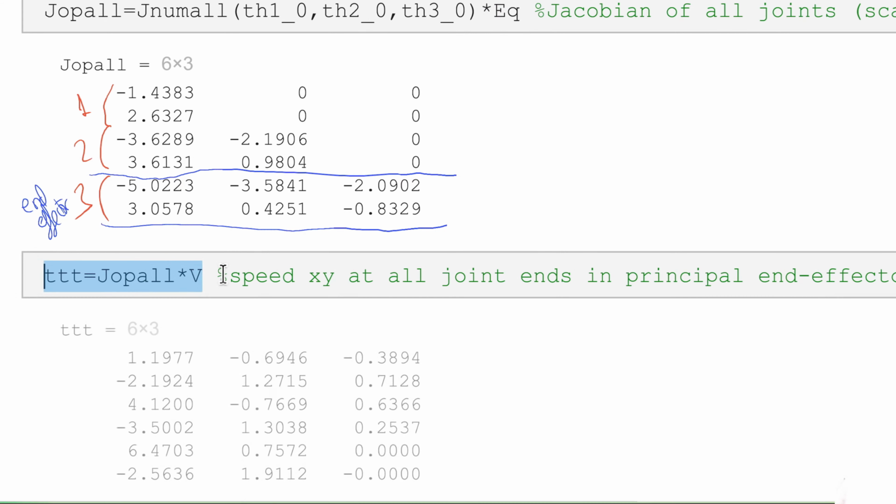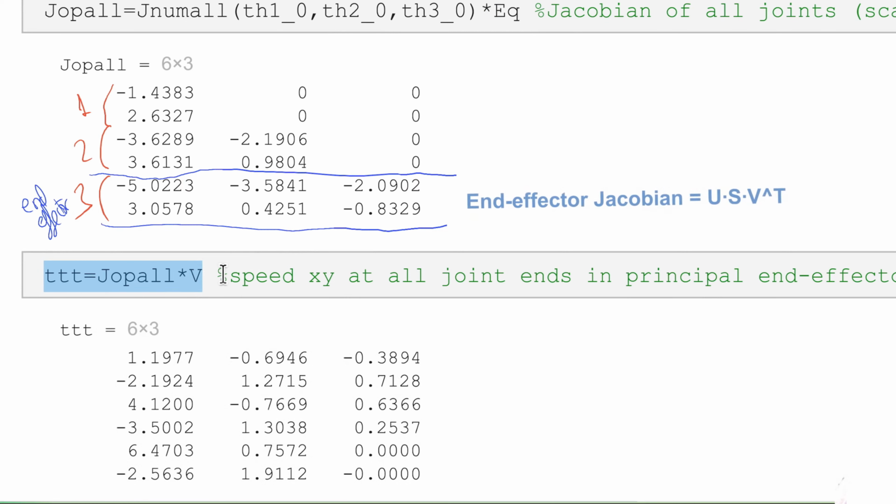So if I change coordinates so that inputs are the principal input maneuvers, this is equivalent to multiplying this whole scaled Jacobian by the V matrix of the input directions of the SVD, then we get the principal end-effector maneuvers in the last 2 rows.